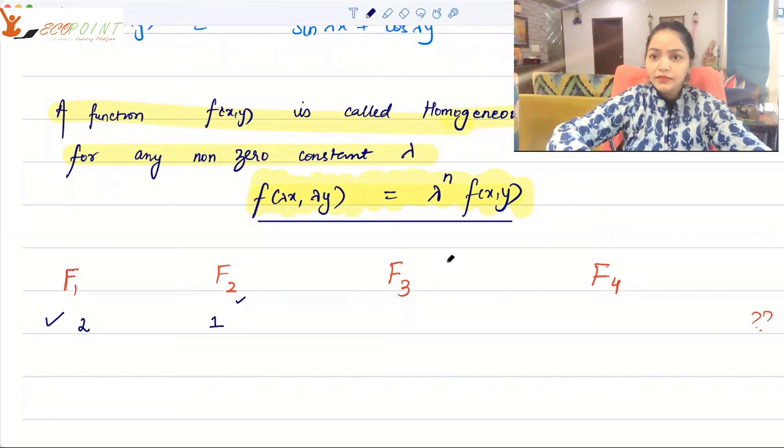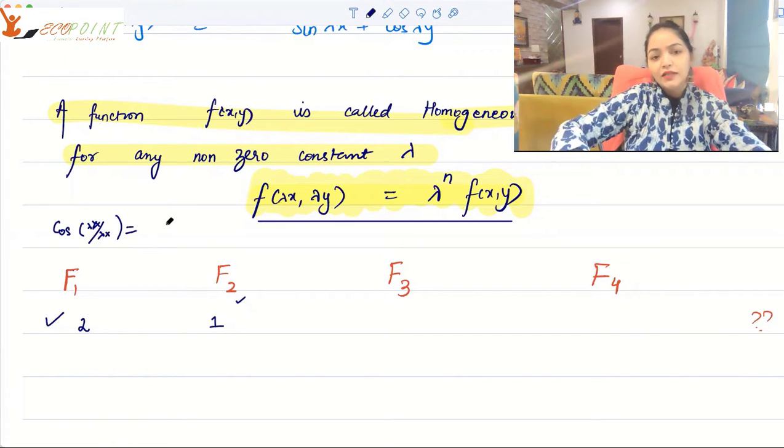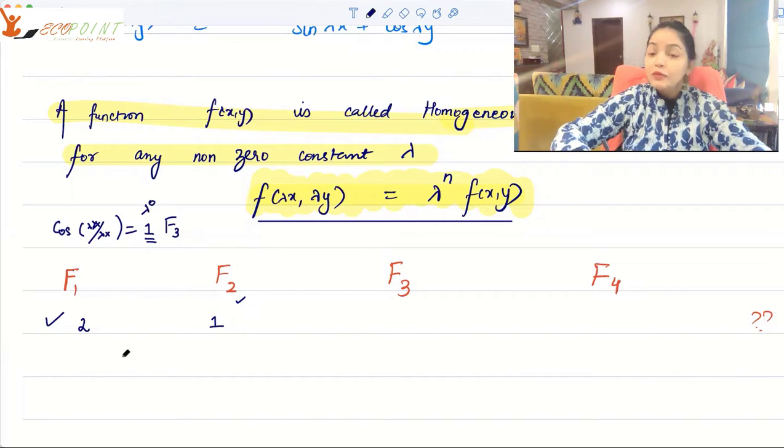Now f3 was cos of lambda y upon lambda x, which was nothing but f3 only, because lambda cancels, which means that it's 1 getting multiplied by f3, and 1 means I can say that it is lambda to the power 0. So f3 is homogeneous of degree 0. For f4, the homogeneity concept does not apply.